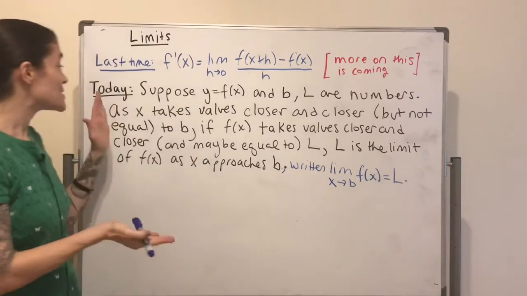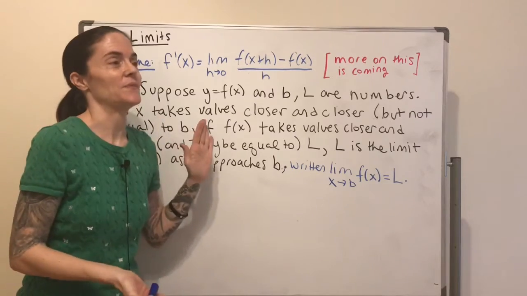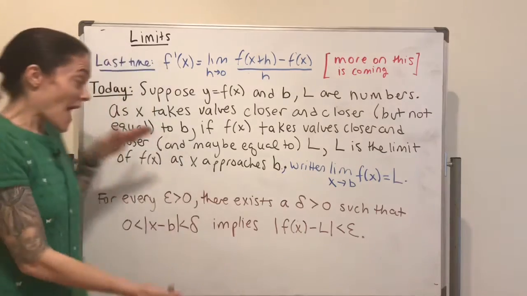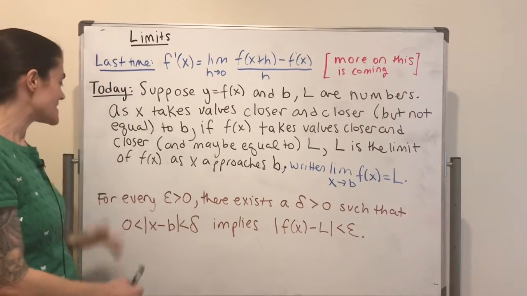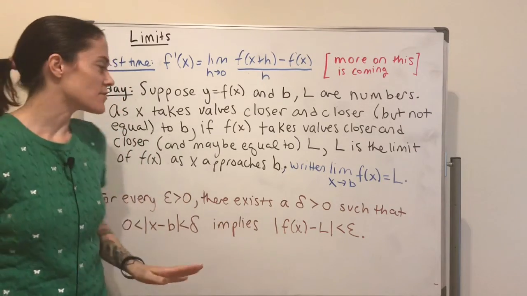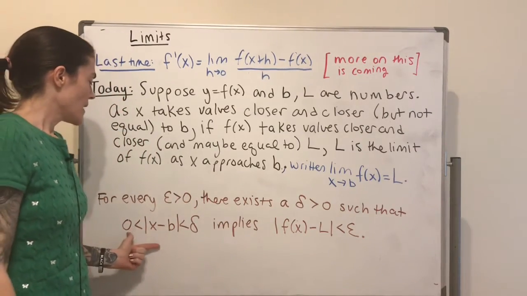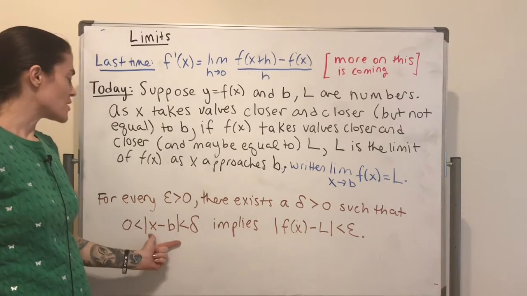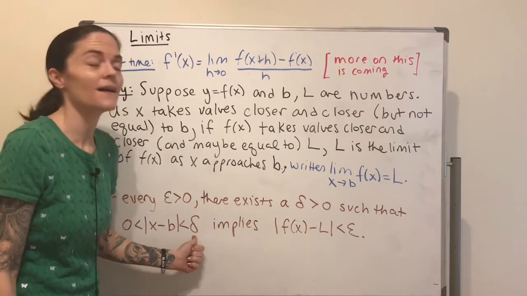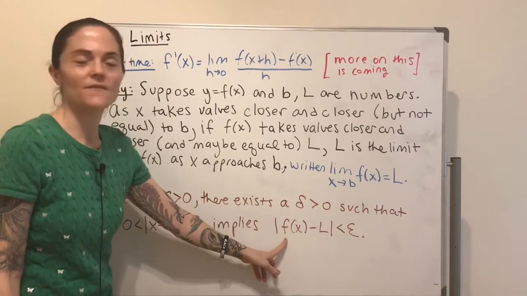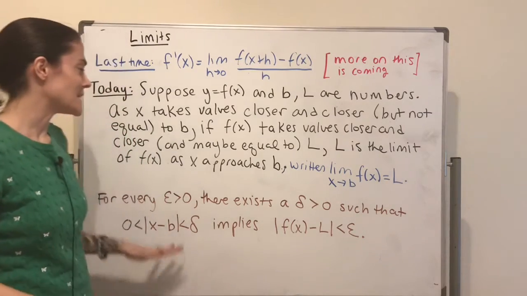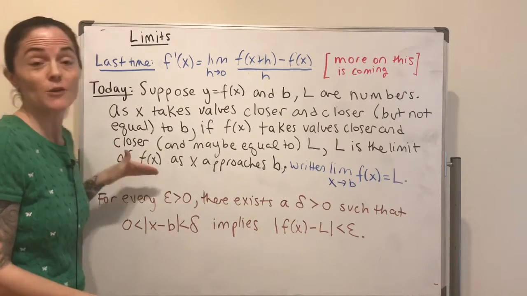Now, this is really the idea. There is a technical definition of a limit, and it reads like this. For every epsilon greater than 0, there exists delta greater than 0 such that, well, if you have absolute value x minus b strictly between 0 and delta, then absolute value f of x minus L is less than epsilon. But this technical definition is theoretical.